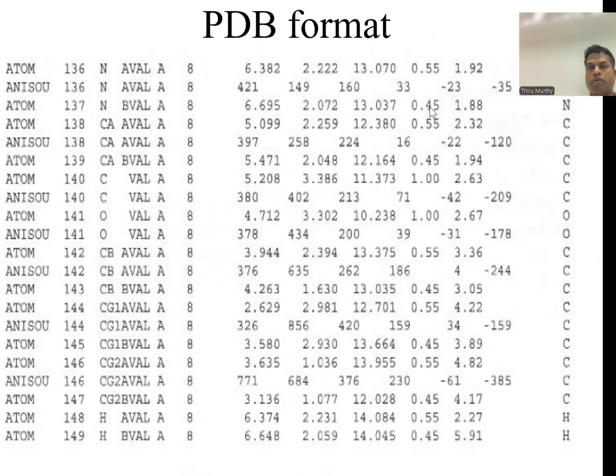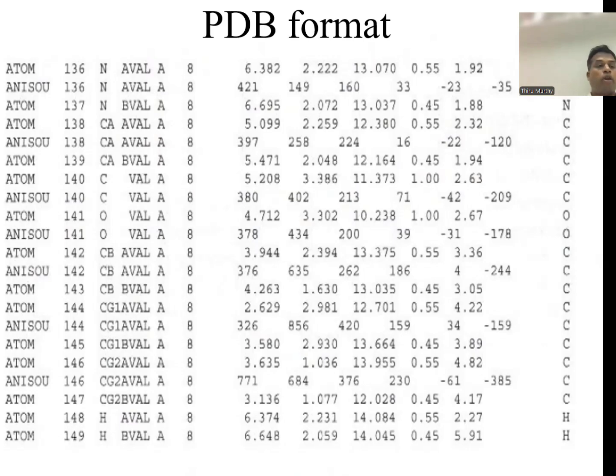So what is our rule? The occupancy of an atom should always be 1.0. Why do we get two different occupancies for this particular atom? Because the first conformation has an occupancy of 0.55 and the alternate conformation 0.45. This particular atom has two conformations.